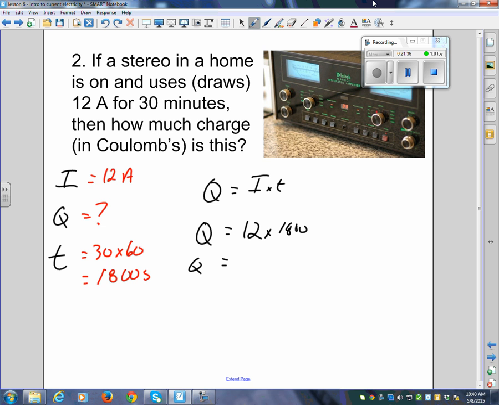Ooh, that's going to be a big number, isn't it? 21... 21,600. 21,600 what? Charge is measured in coulombs. It's kind of fun to say. 21,600 coulombs.